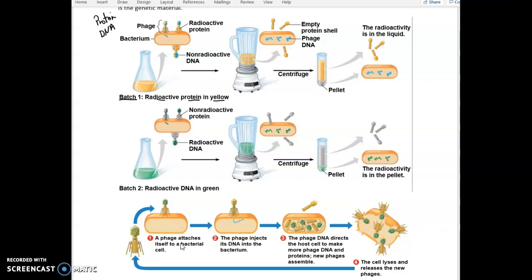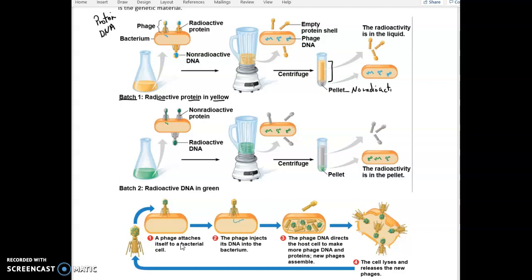When they centrifuged them, the empty protein shells fell off the outside of the bacteria, and we got a pellet here that had no radioactivity. And the radioactivity was found in the liquid.